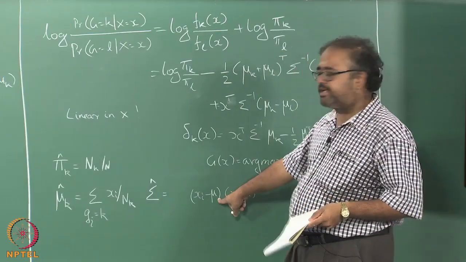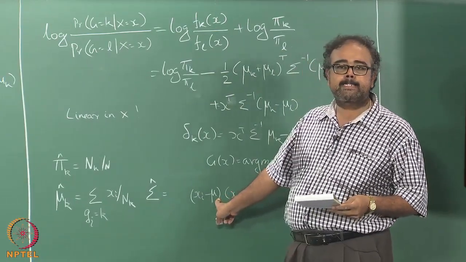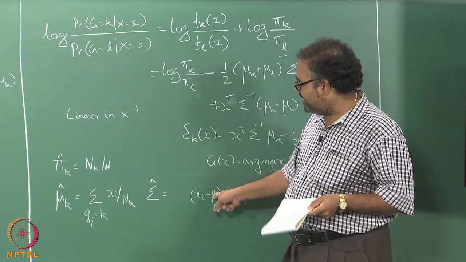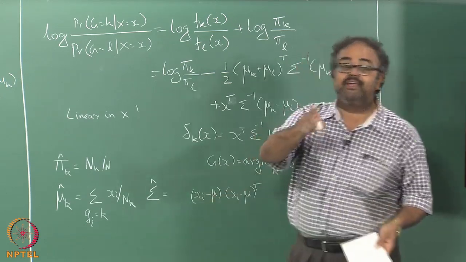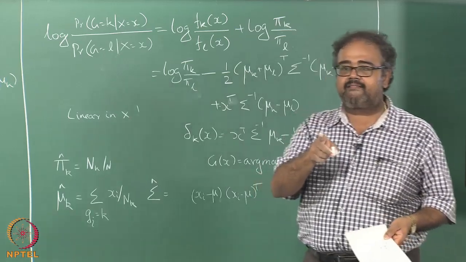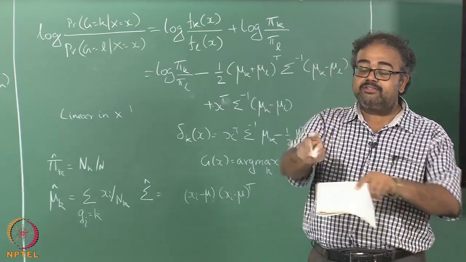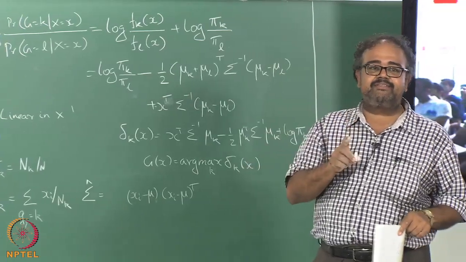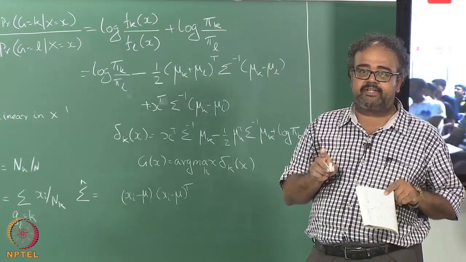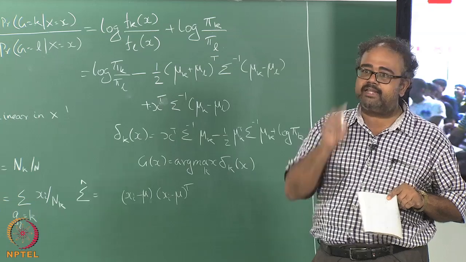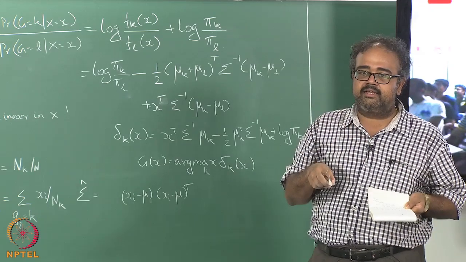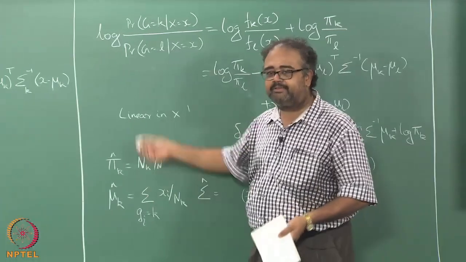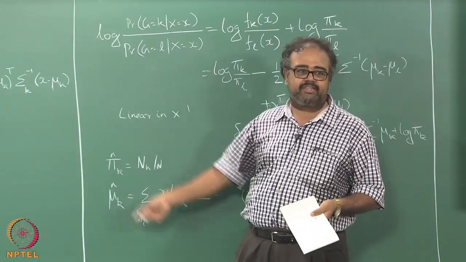But then what is the mean you plug in here? The mean of the mean is a bad idea. Thanks for bringing it up, because that is a natural confusion when I say you are going to estimate the variance across the entire population. The natural mean you would plug in is the mean of the whole data, but that is not correct. Why? I am only worried about the variance within the class.